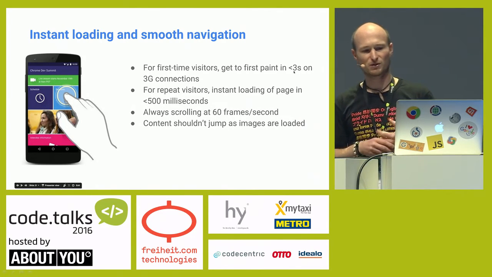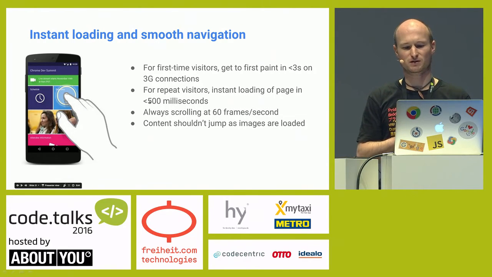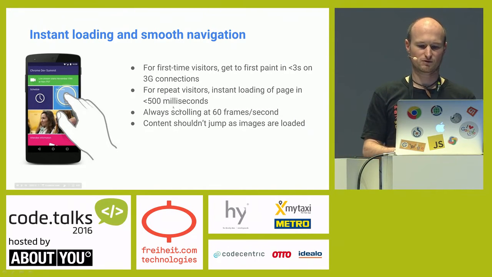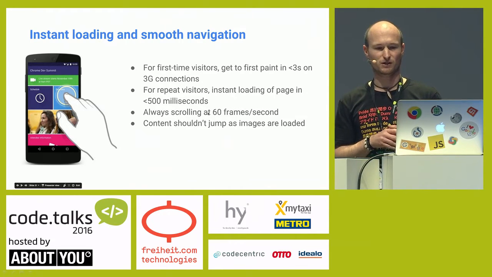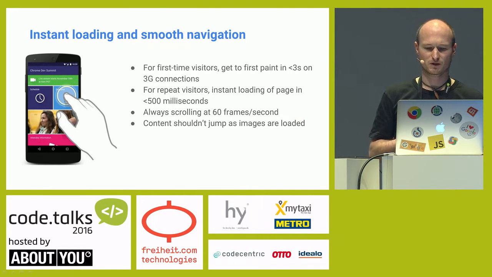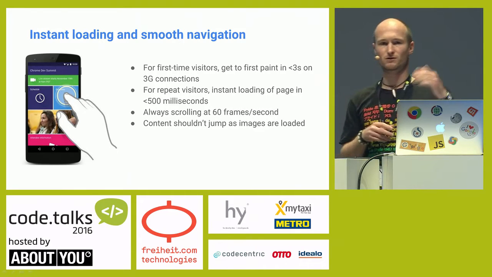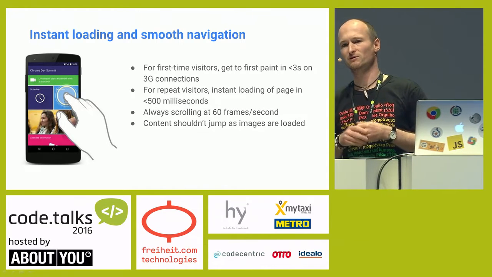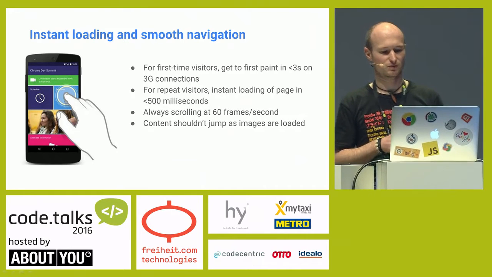And then for repeat visitors, to make the loading of the page less than 500 milliseconds. And this can actually work. The general performance requirement is also to have scrolling at 60 frames per second, so that it doesn't feel janky. And also something that a lot of people hate, when content loads and the content jumps around. When you have an ad that slowly loads in the background, and all of a sudden the text you're reading jumps around, that's completely non-acceptable.